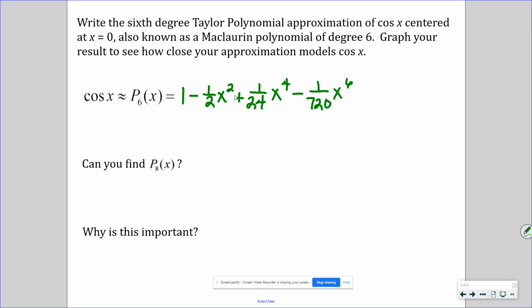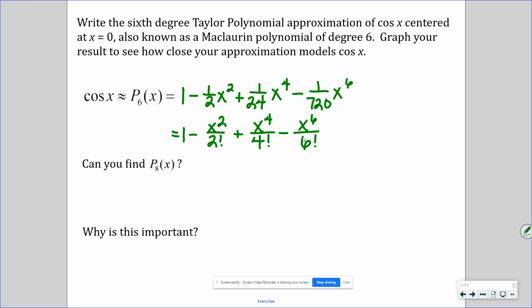So I'm going to rewrite my polynomial using factorials. Okay, so watch how this goes. This I could rewrite as x squared over 2 factorial. The next one I could write as x to the 4th over 4 factorial. And then x to the 6th over 6 factorial.